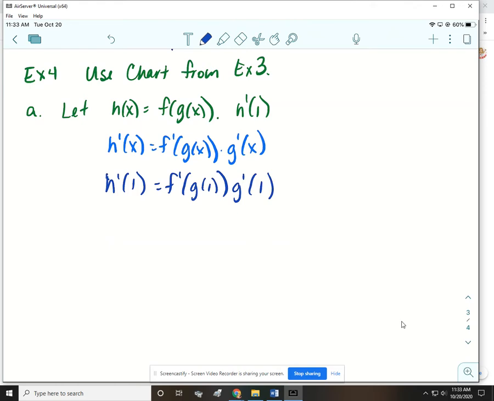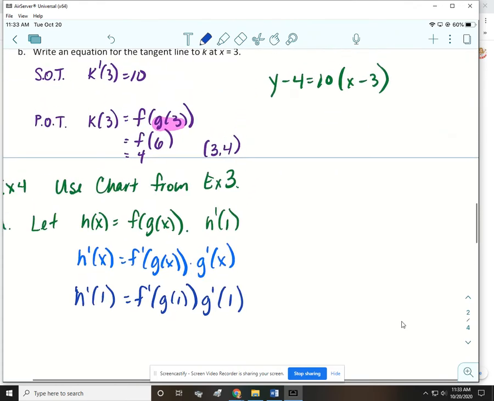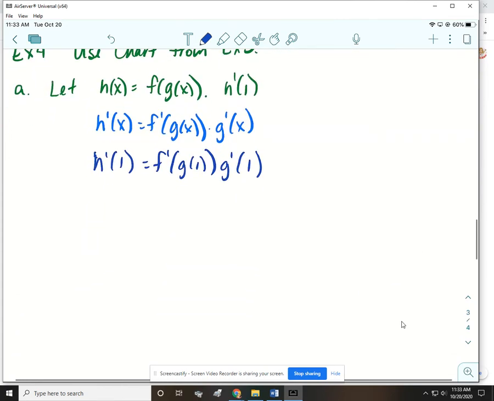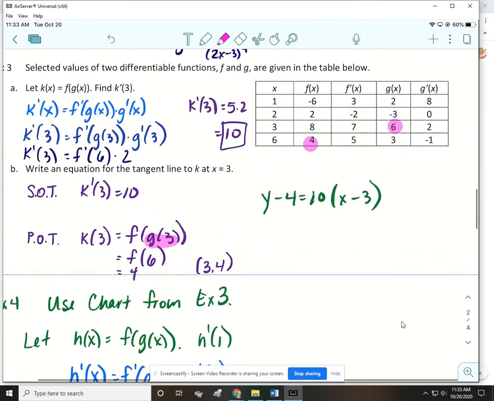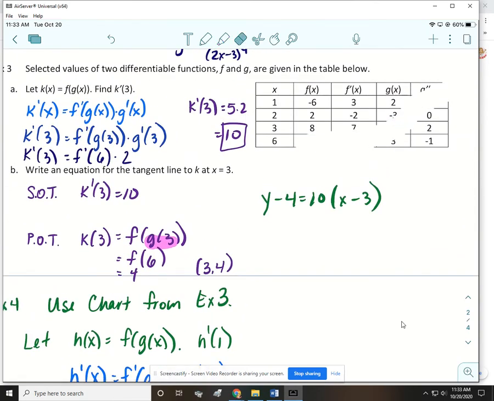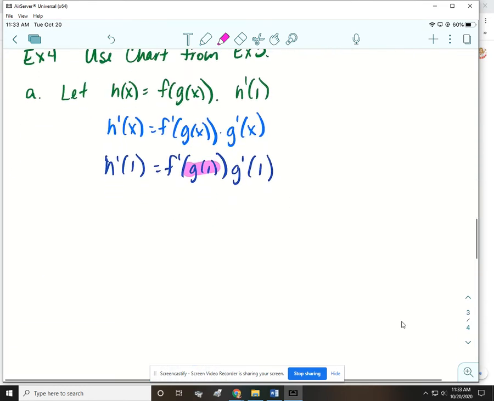And then we'll need to go back to the table. So the first thing I'm going to find from the table is g of 1. All right, so g of 1 is 2. So in the place of g of 1, I'm going to change that to just 2.